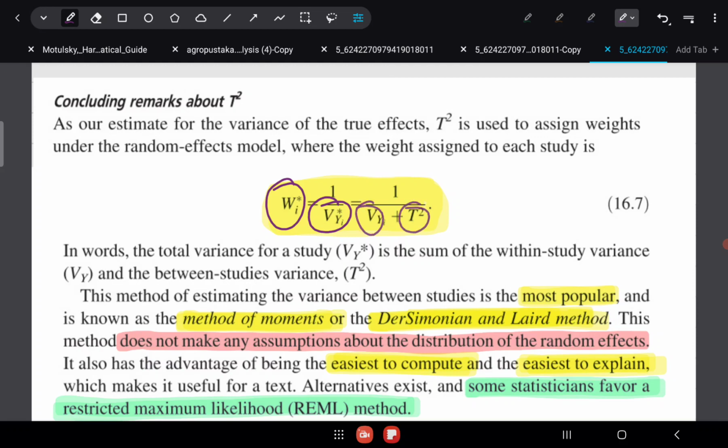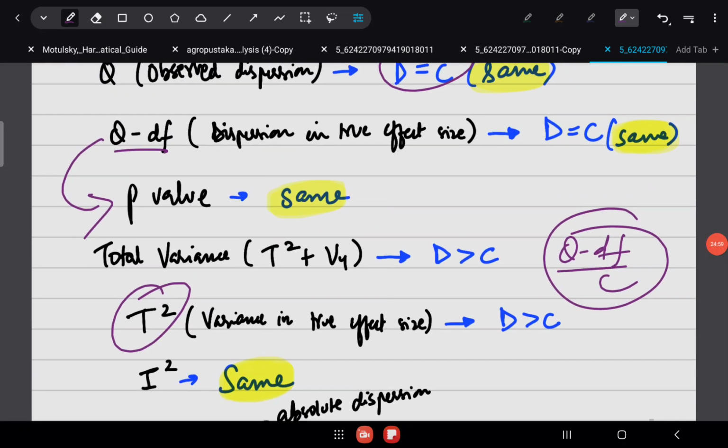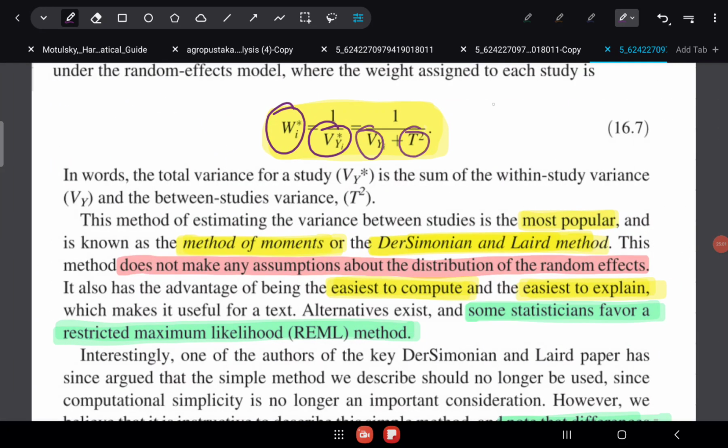You know this, right? So the method that I've told you, that T square is basically Q minus DF divided by C, is the DerSimonian and Laird method. This is also called the method of moments.